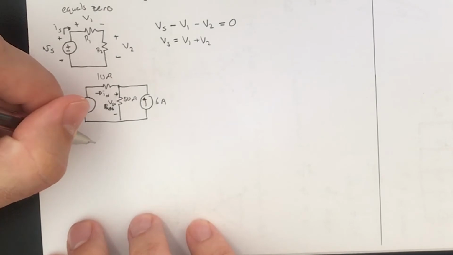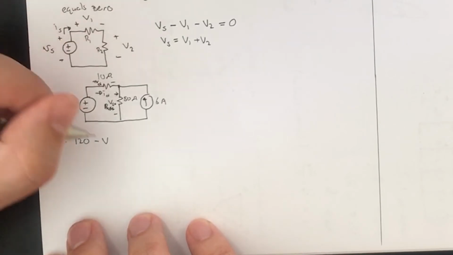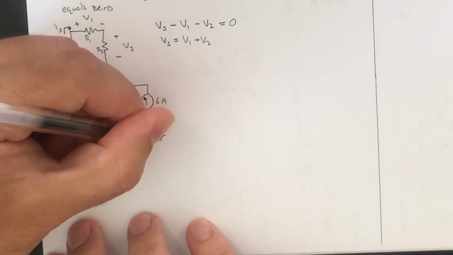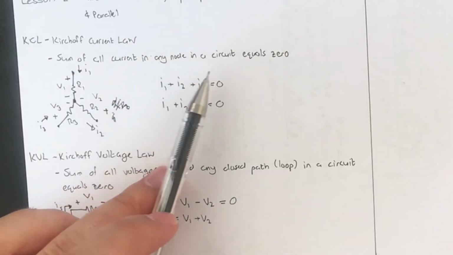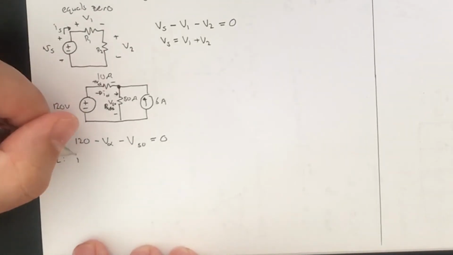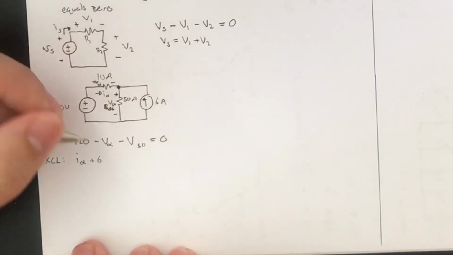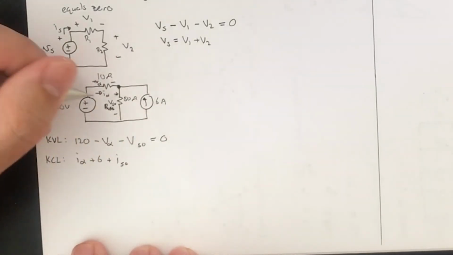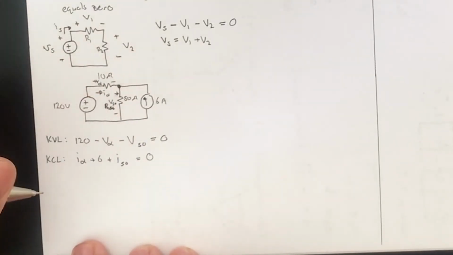We say 120 minus voltage alpha, minus the voltage of the 50 ohm resistor equals 0. And similarly, we can use KCL, the sum of all currents in any node equals 0. So we use this node here, and we know that I alpha plus 6 amps, which is the source supplying in here, plus I of the 50 ohm resistor, so this is the current flowing through this 50 ohm resistor, equals 0.